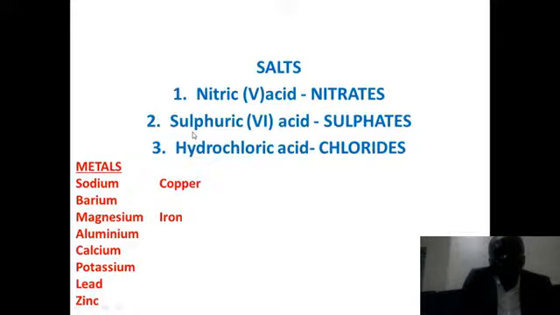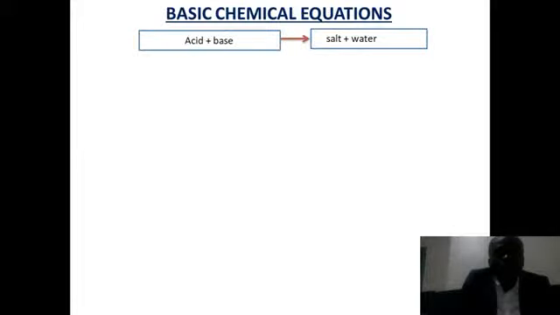So I will leave you in the next slide where I will just mention something slightly about the basic chemical equations. Basic chemical equations. The first one is a general equation for the acid. That is equation number 1.